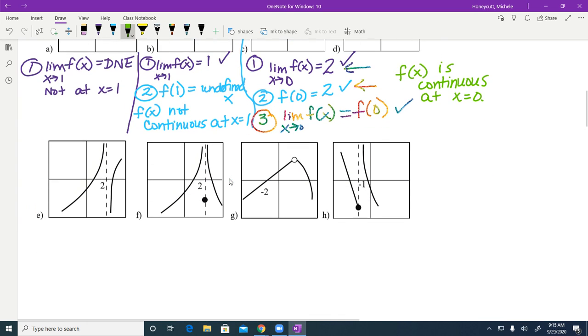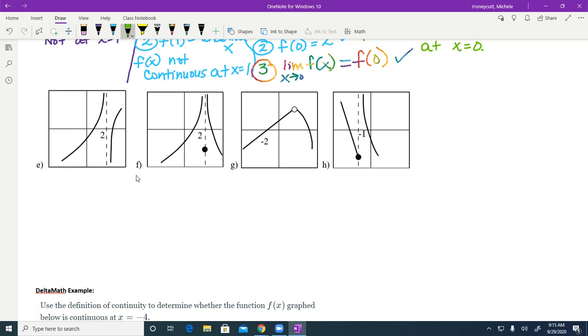Sometimes things that trip people up are things like example F. So let's look at example F. So condition number 1, what is the limit as x approaches 2 of f of x?